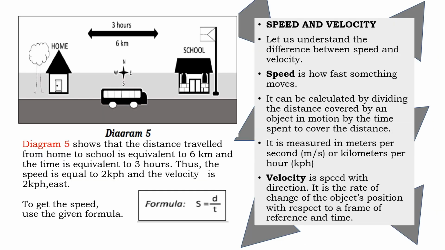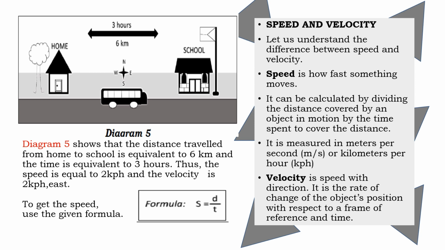Now, we will be talking about speed and velocity. Look at the picture. What have you observed? We are seeing a simple map or location from home with a one-way ride of a school bus going to the school. Let us understand the difference between speed and velocity.